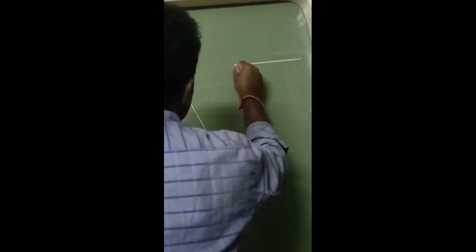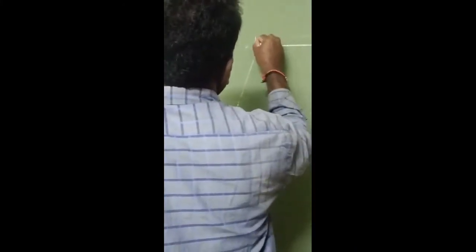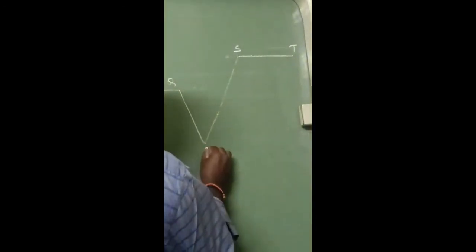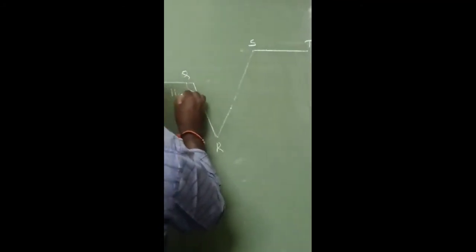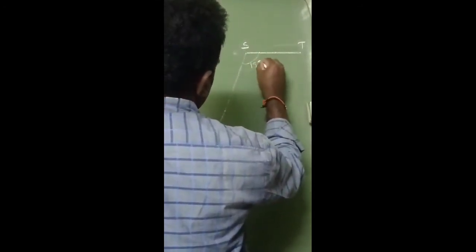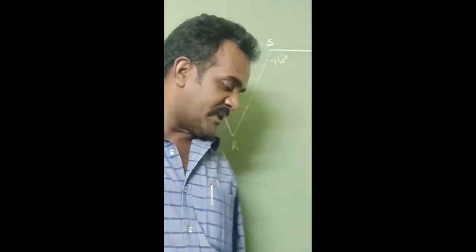This is PQ, this is ST, and this is R. Angle PQR is equal to 110 and angle STR is equal to 130, as given.